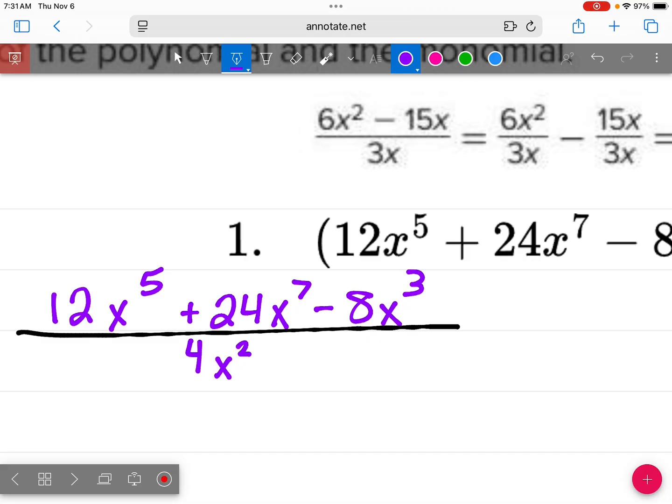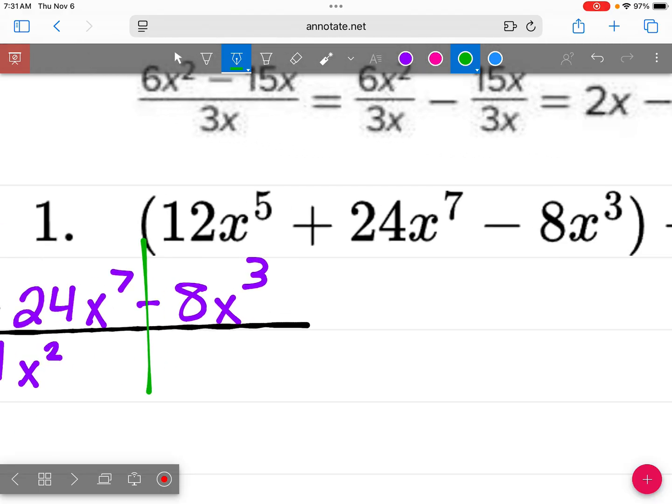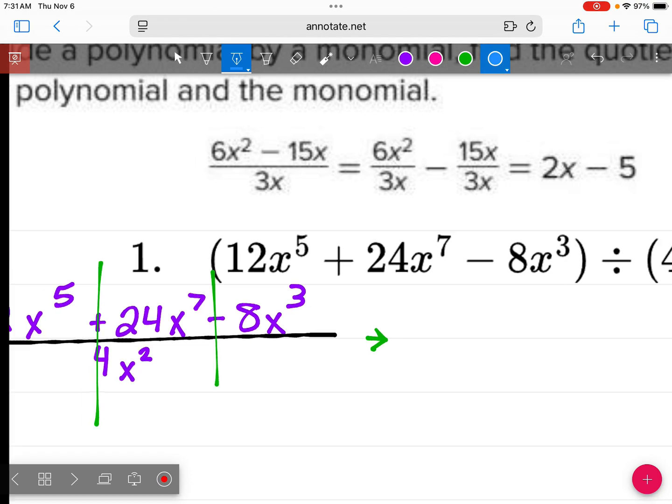Then we're going to cut this up into pieces. Any place I have a plus or a minus in my numerator, I'm going to cut it into a separate fraction there. So I'm going to split it here, and I'm going to split it here, wherever we have a plus sign or a minus sign. So this is going to turn into 3 separate fractions.